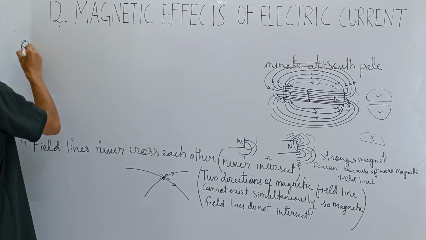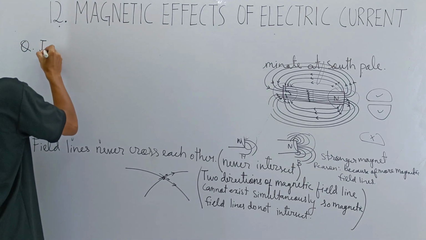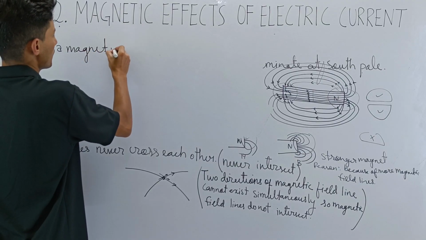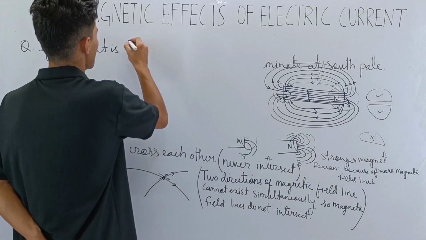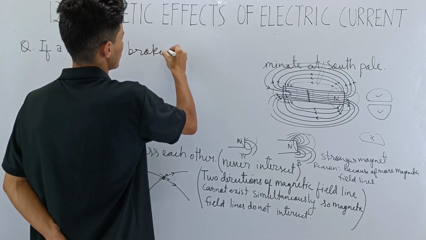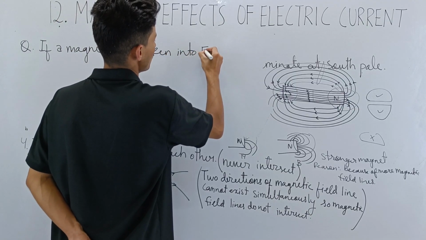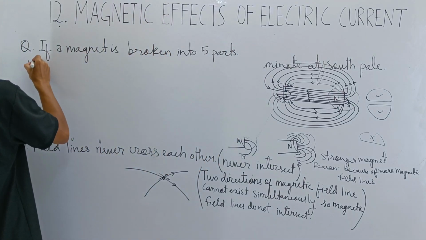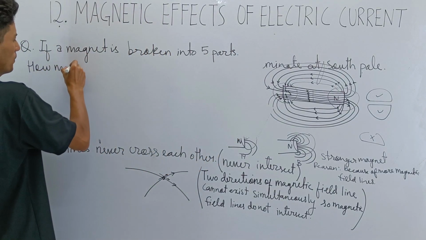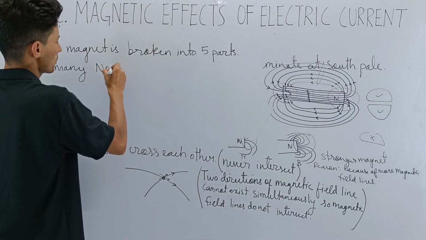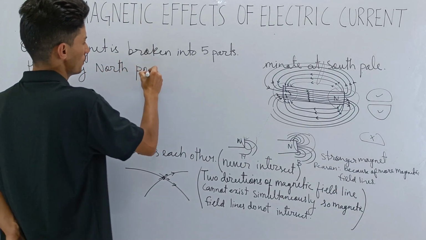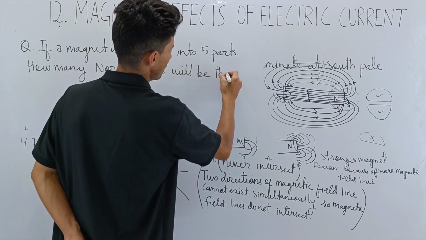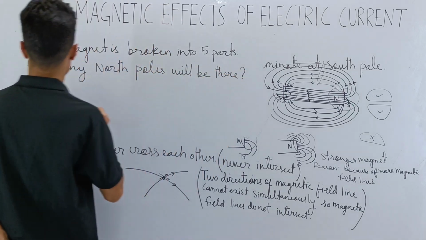So the question for you today is, if a magnet is broken into 5 parts, how many north poles will be there?